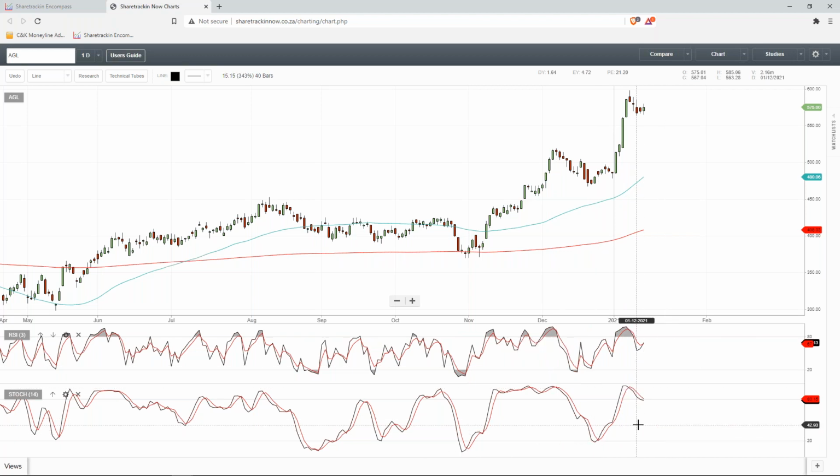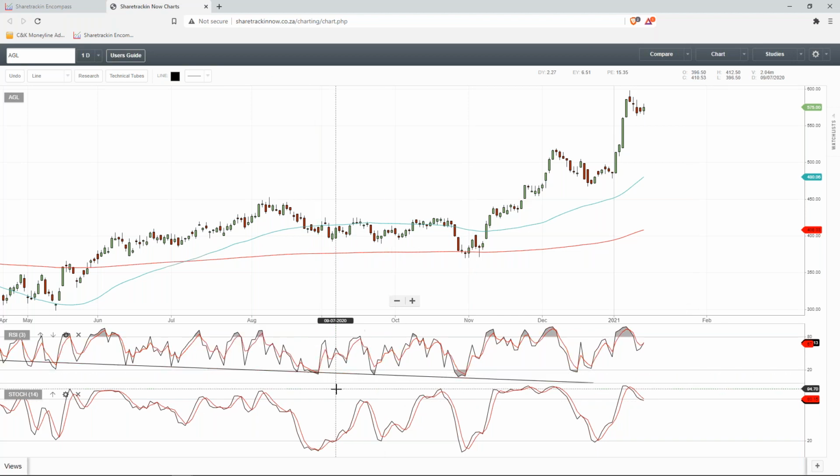Stochastic is basically like a confirmation of what your RSI says. But I prefer using both instead of just the one, because using one gives you no other confirmation with converging or diverging trends. Sometimes your RSI can go down where your stochastic goes up, and that will cause a sideways trend.